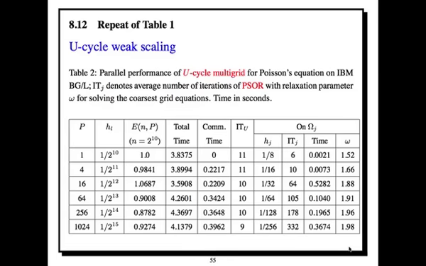And so we use that as the solver on the coarsest mesh. And then these are the performance numbers that we get. So this is pretty good weak scaling, we would argue. Maybe not the best, but this is an example of the use of the notion of weak scalability.